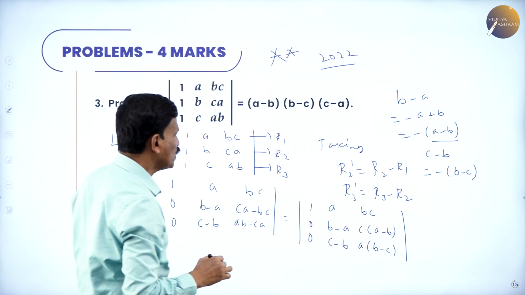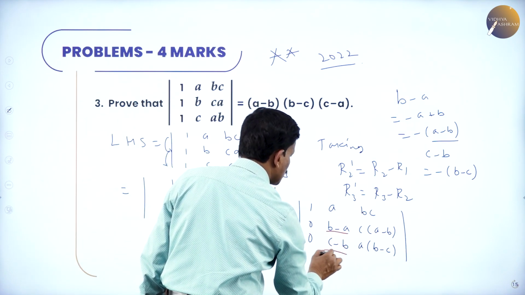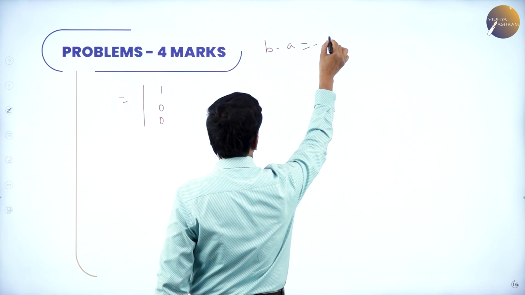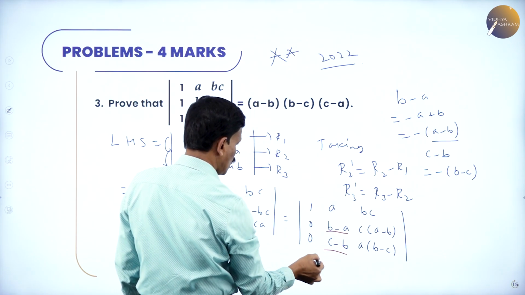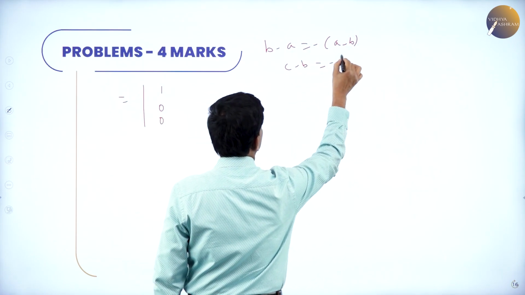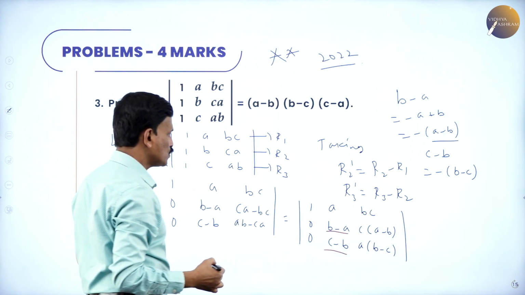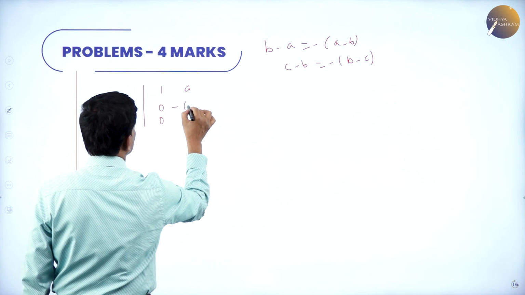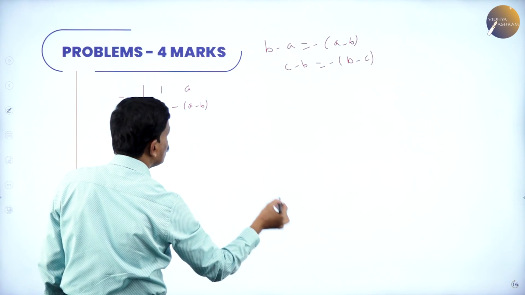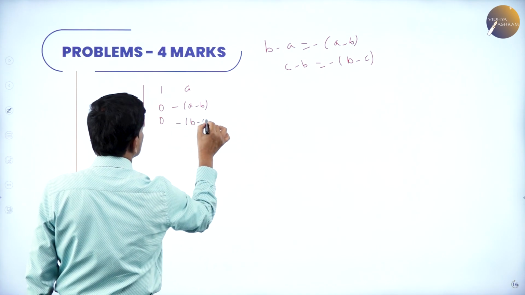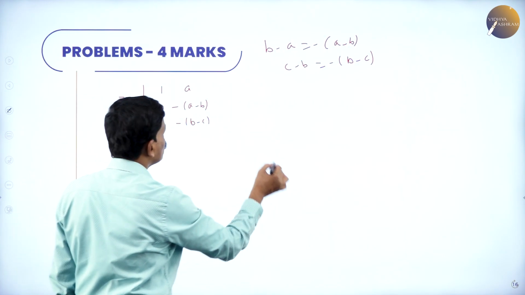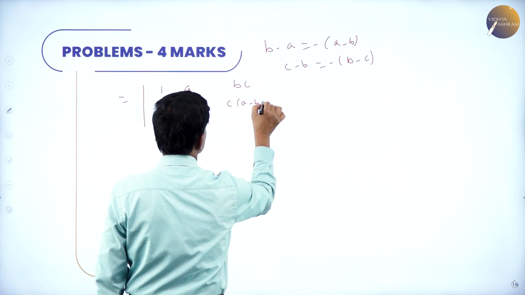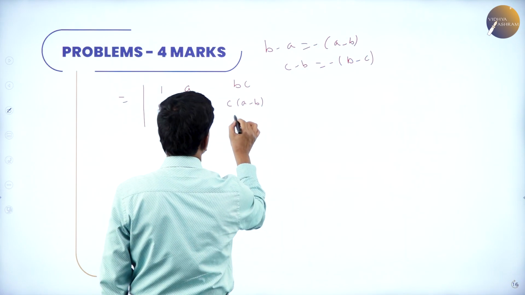In the second row, we have b minus a and c minus b. b minus a is minus of a minus b, and c minus b is minus of b minus c. And in the last row, we have bc, then c into a minus b, then a into b minus c.